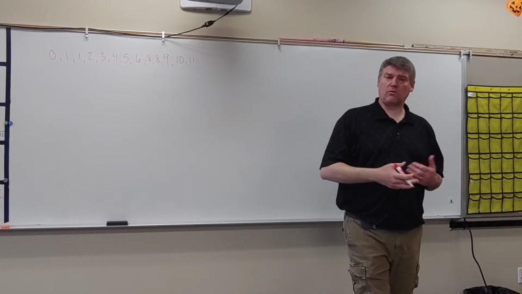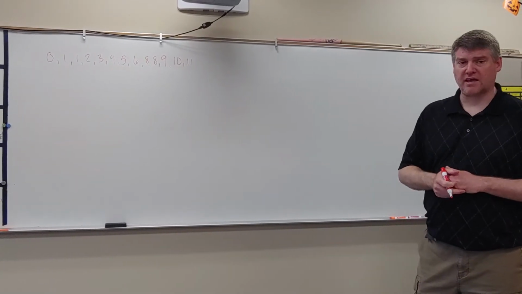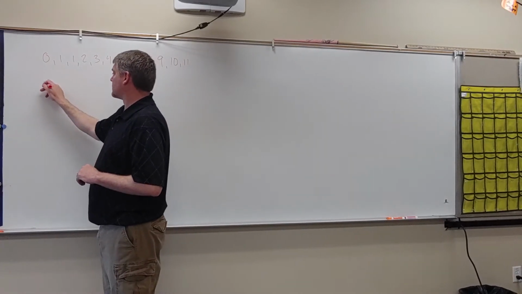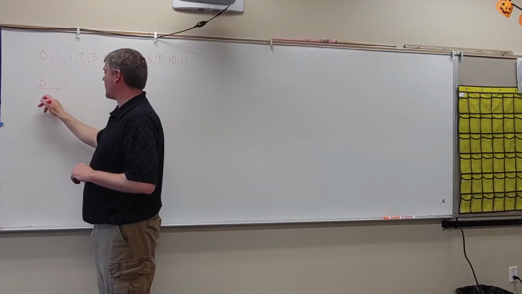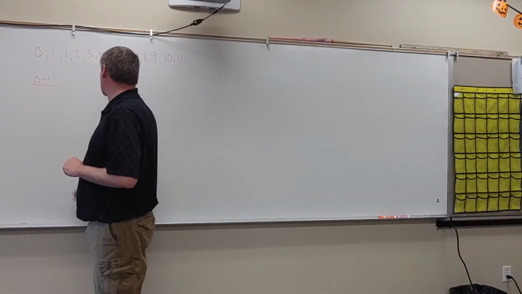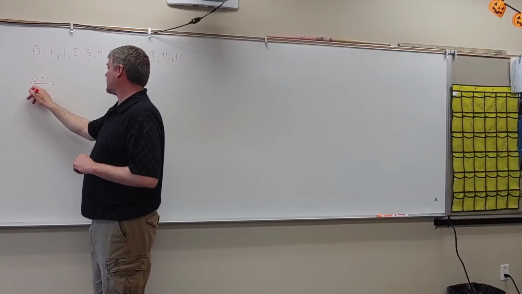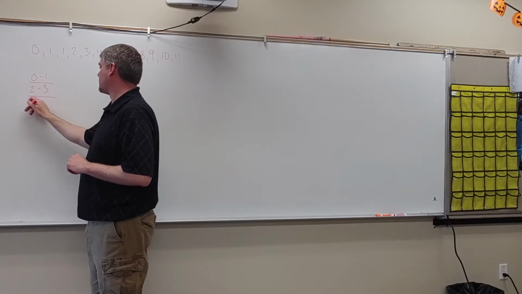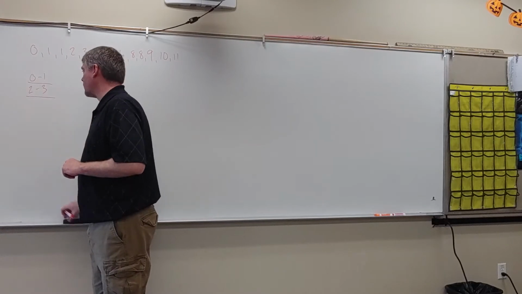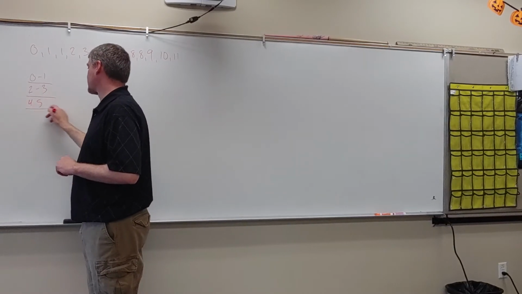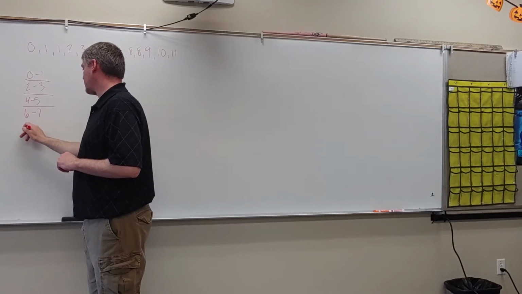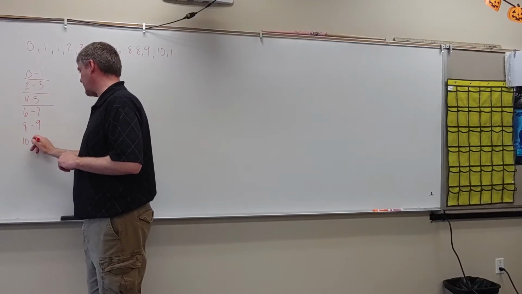Okay, and so what we're going to do is we're going to create a frequency table here of every 2. So 0, 1, 2, 3, 4, 5, 6, 7, 8, 9, and then 10, 11.